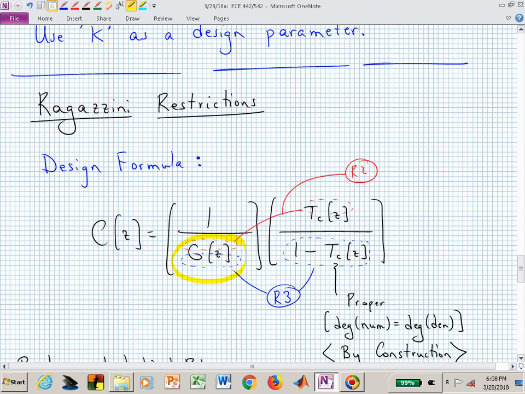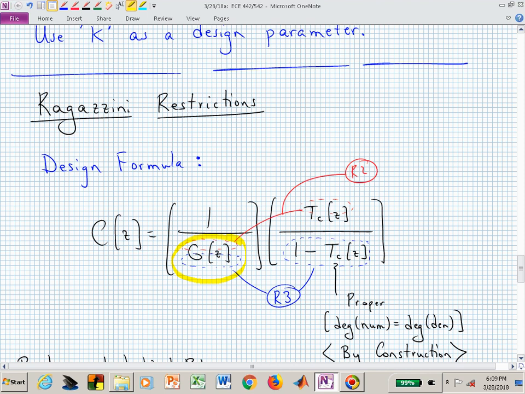We don't want our controller to eventually cancel unstable poles and zeros in g of z. In the design process, that's exactly what we want to do, so that they don't end up canceling when we have our controller capital C of z. It's a little bit subtle or confusing, but you need it to be clear before the exam, obviously.